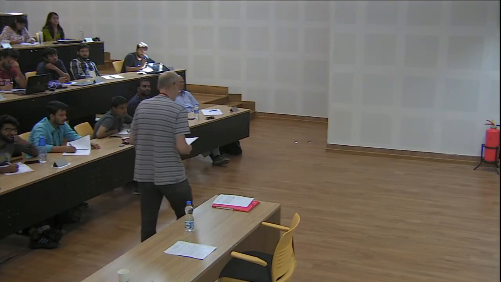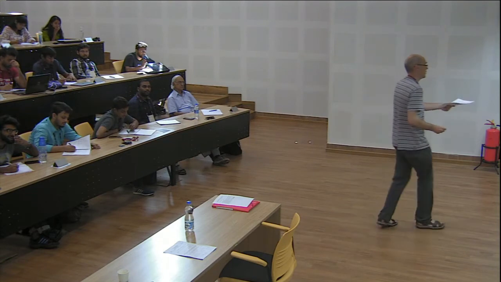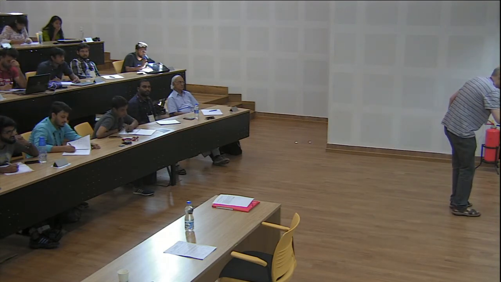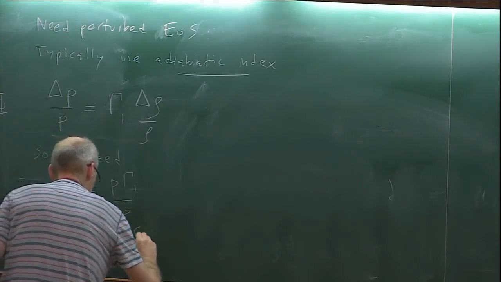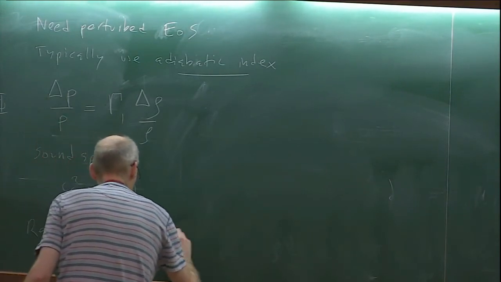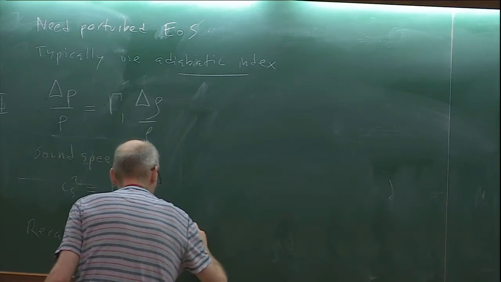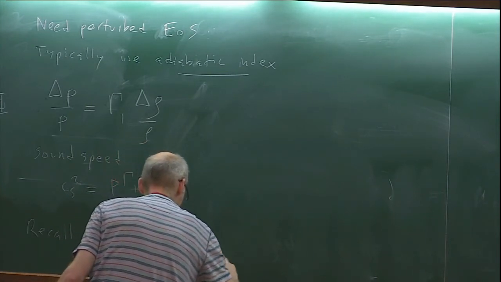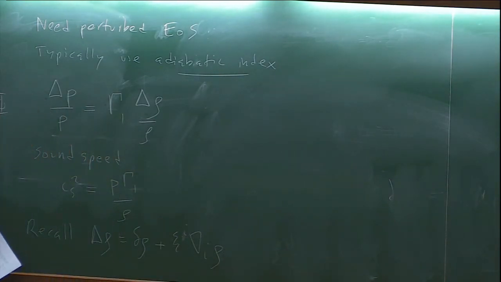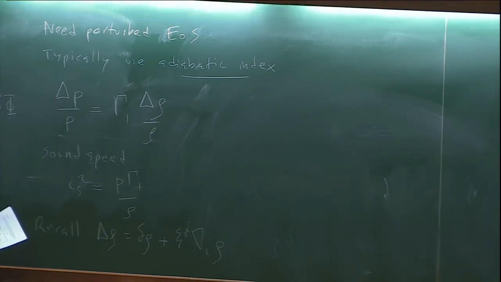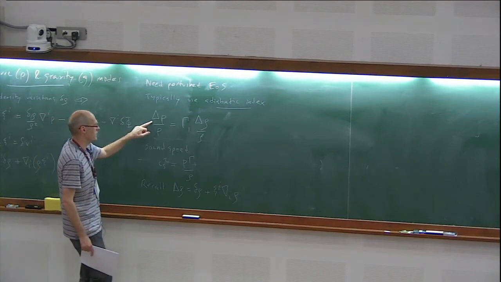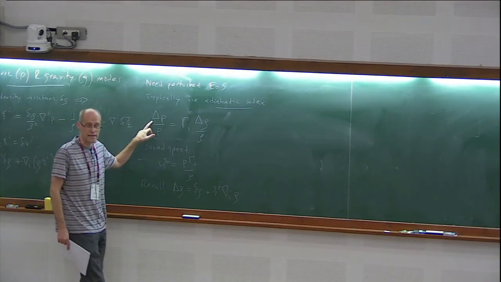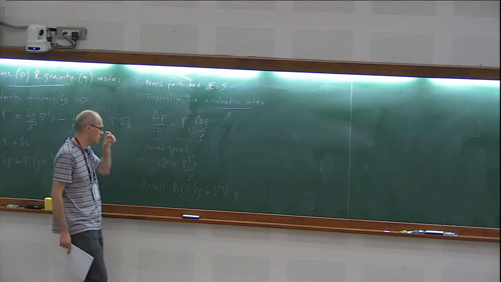Okay. And then what we need to know is, for example, that delta rho is the Eulerian delta rho plus psi dotted into the gradient of rho, something like this, okay? So now you have two options, okay? We put in Lagrangian variations here, because it's a natural way to connect with the equation of state.